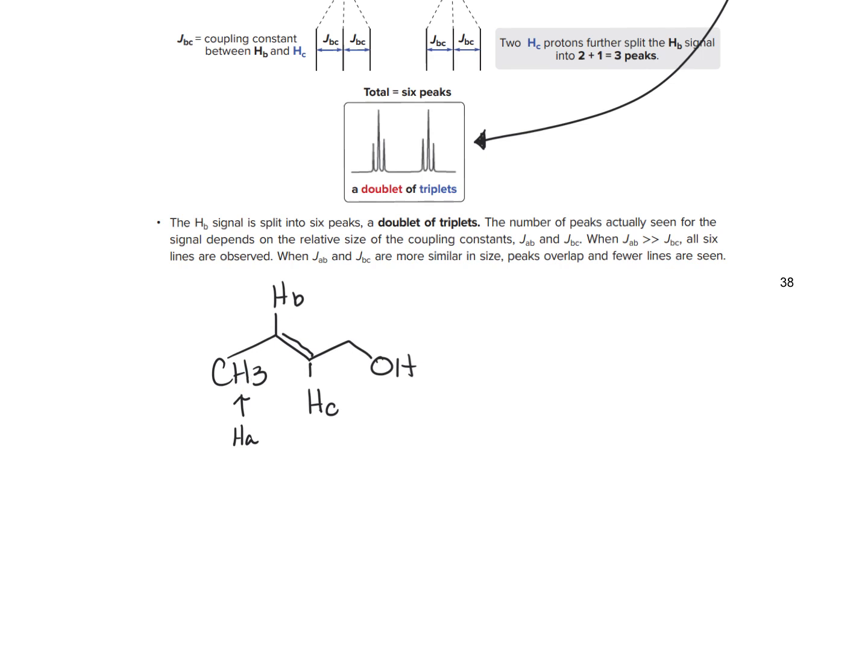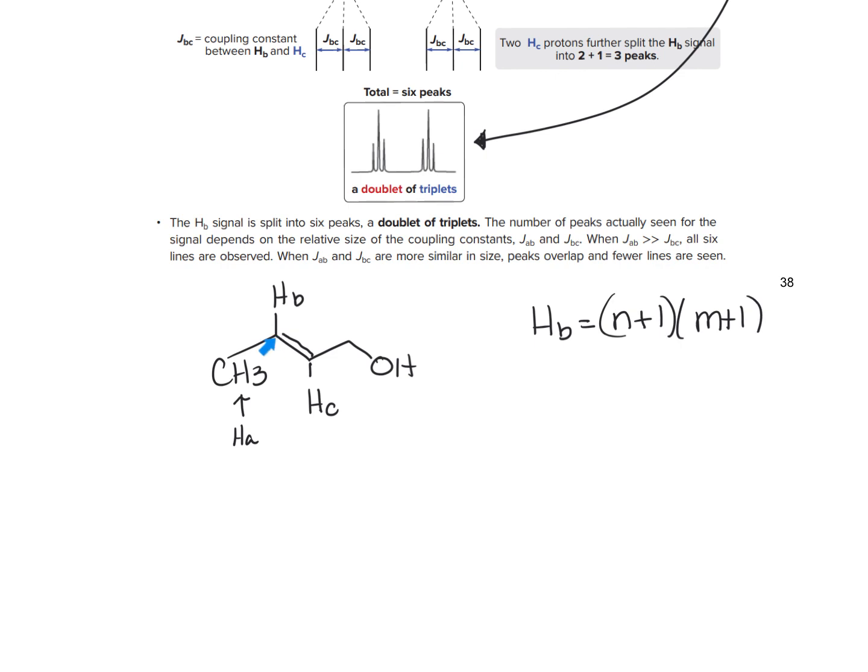So this is A, B, and C. And let's say we want to figure out the splitting for B here, which is in between these, okay? And so to figure out the splitting for B, we would say, okay, that's attached to a double bond. So we're going to do N plus 1 and M plus 1.